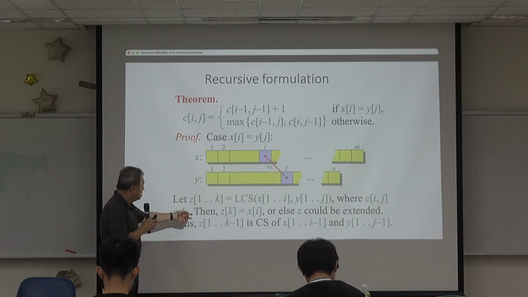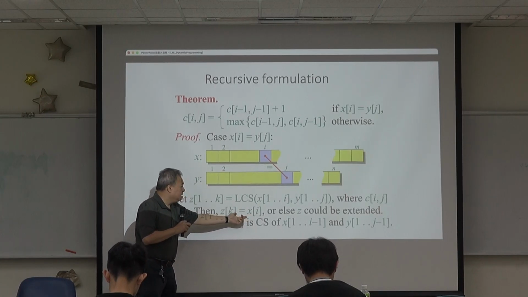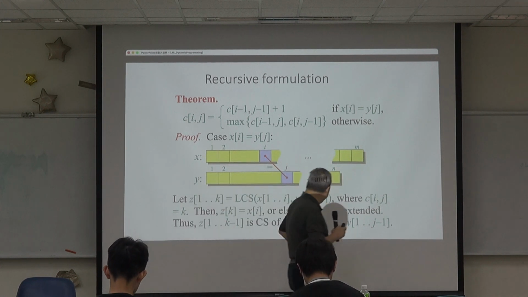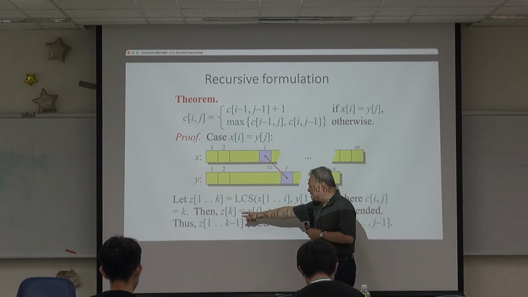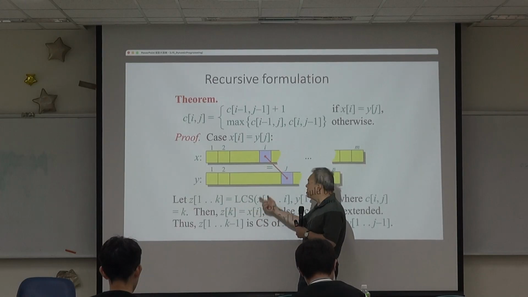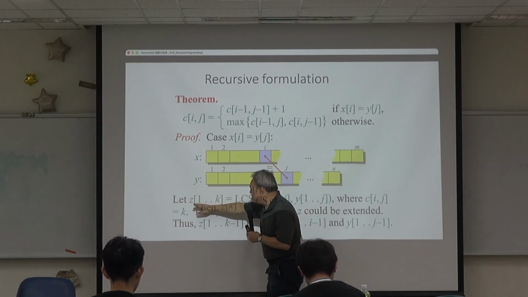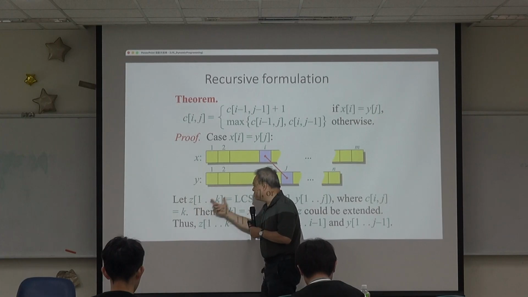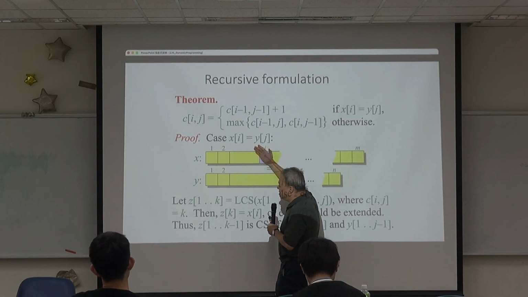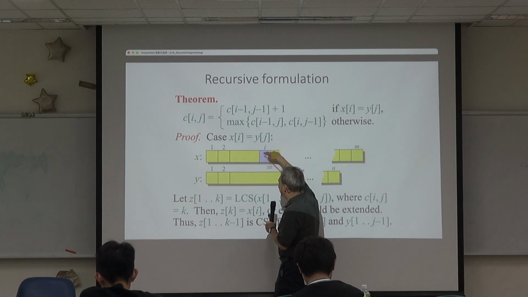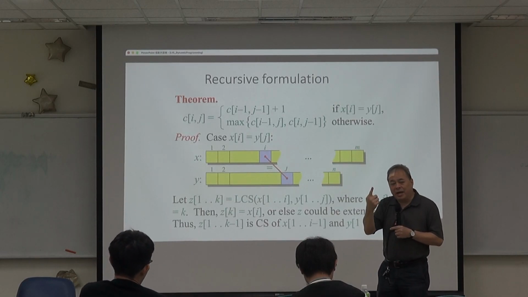Then zk equals xi. It must be the case. Otherwise, if the last character of z does not come from this match, think about this. 这个 longest common subsequence，如果这个最后一个字不是从这一个字来的，就是它是从这边来的，那你可以把 z extend，你再把这个字加上去。You could extend the z by one more character.